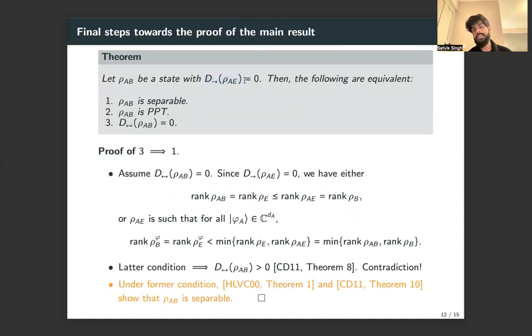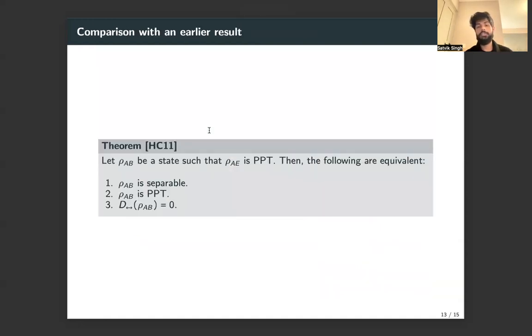So PPT property in particular implies two-way undistillability, which further implies one-way undistillability. And from two-way going to one-way, this implication is strict. So, in other words, this result can be considered as a generalization in some sense of this earlier result that was obtained with a much stronger assumption on the complementary state.